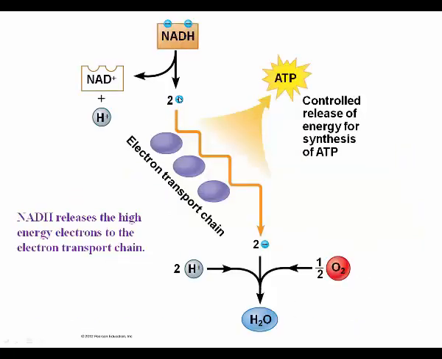And this NADH is carrying high energy electrons from all kinds of different reactions in cellular respiration, but ultimately NADH will dump off those electrons to a process called the electron transport chain. The electron transport chain is just a series of proteins that one by one grab the electrons.